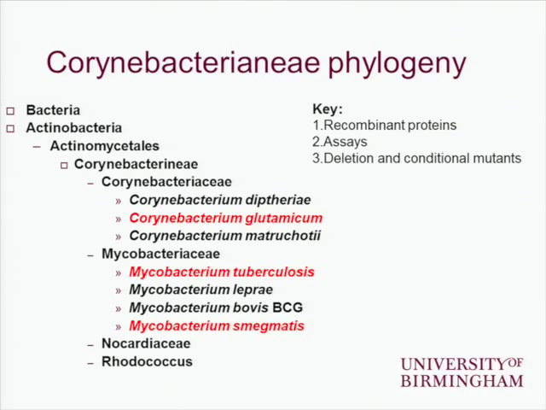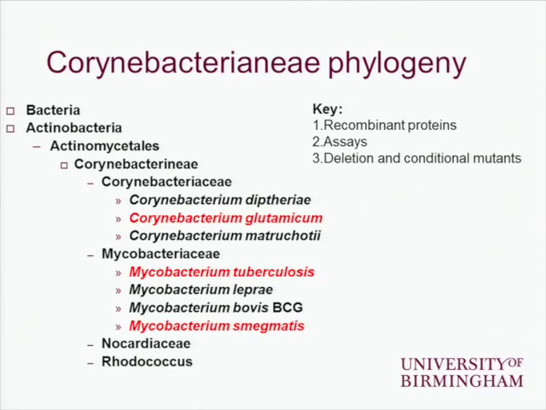And these have various useful properties. In terms of Corynebacterium glutamicum, it's possible to generate deletion mutants which are actually stable, and this allows you to study the particular impact of a gene deletion within a pathway in a stable environment, which you would otherwise be unable to do in Mycobacterium tuberculosis.